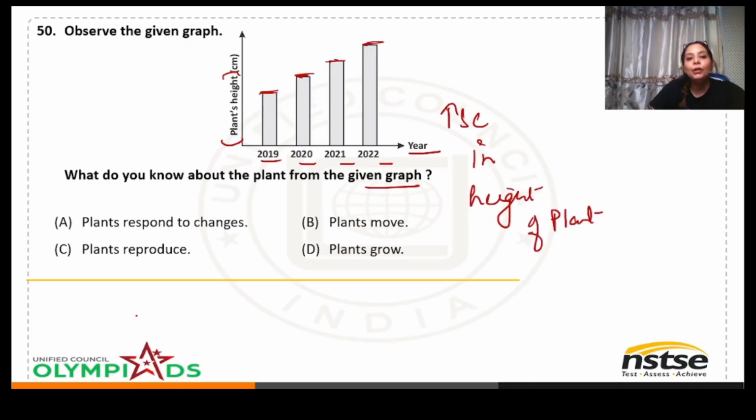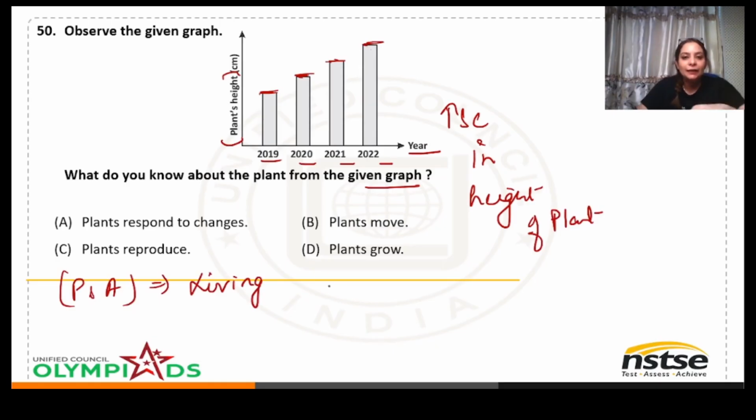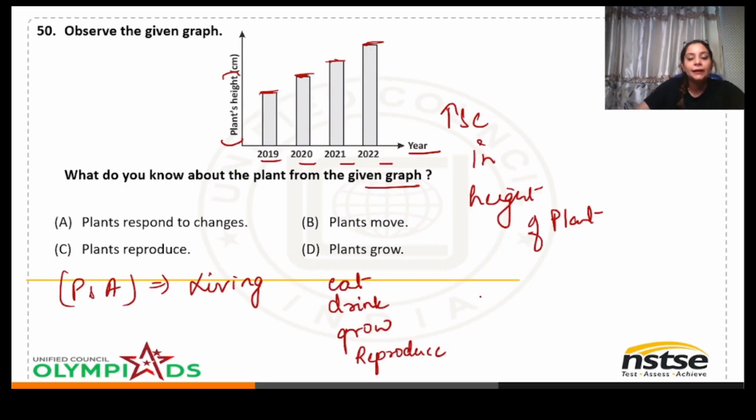And I hope you all know that plants and all sorts of animals are living. So what all characteristics are possessed by living organisms? Yes, they can eat, they can drink, they can grow, they can reproduce, they can give birth, right? And what else? They can move, they can sense. So here we can see that plant height is increasing with passing years.